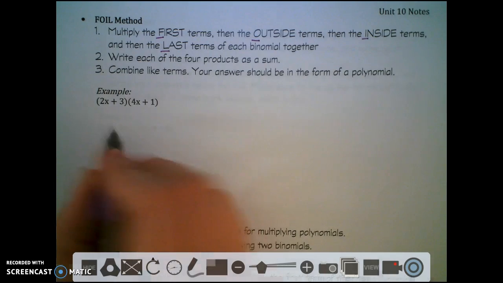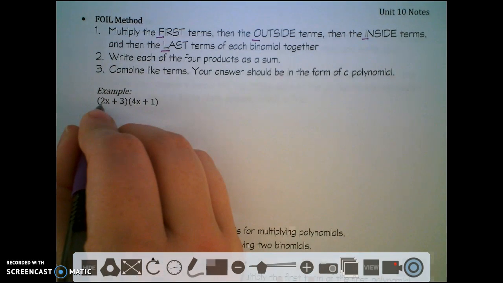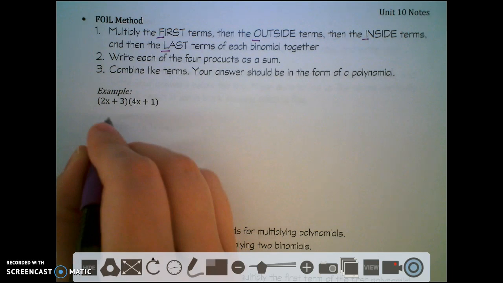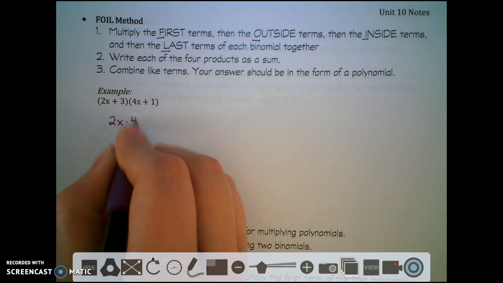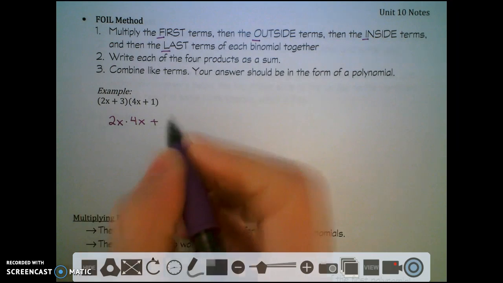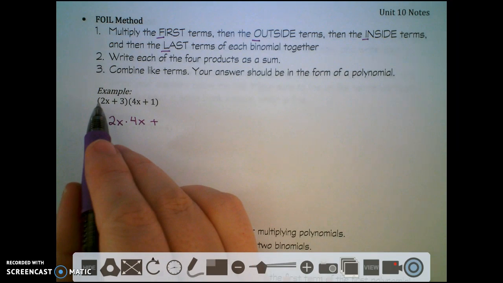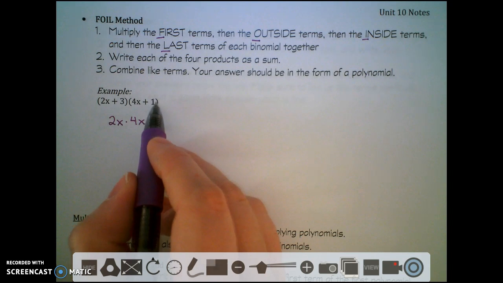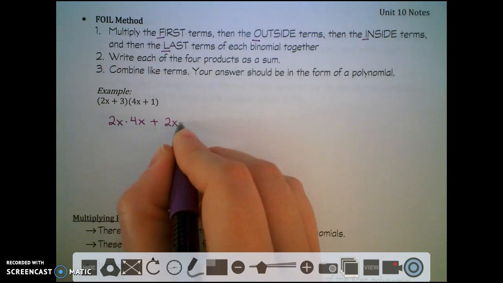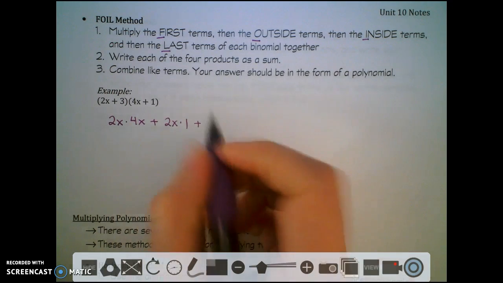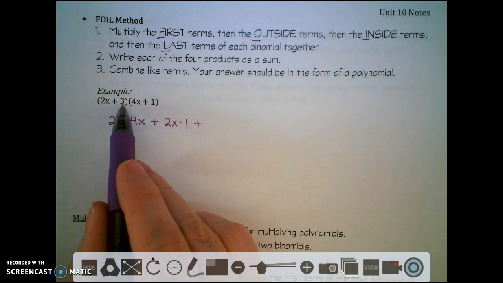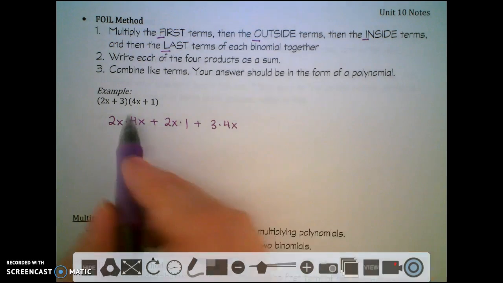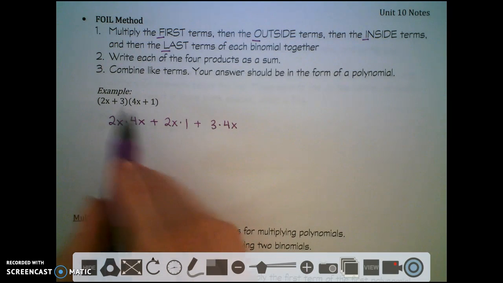So what we'll do is we'll take the first terms, so that's the first term here and that's the first term here, so we have 2x times 4x plus, then we have our outside terms, 2x times a positive 1, so 2x times 1, plus our inside terms, 3 times 4x, plus our last terms, 3 times 1.